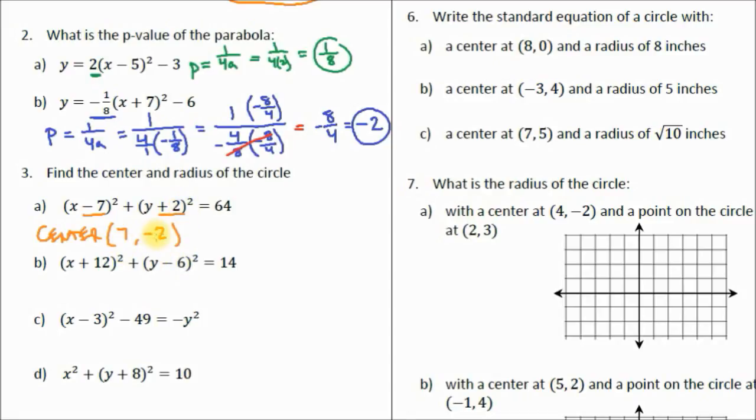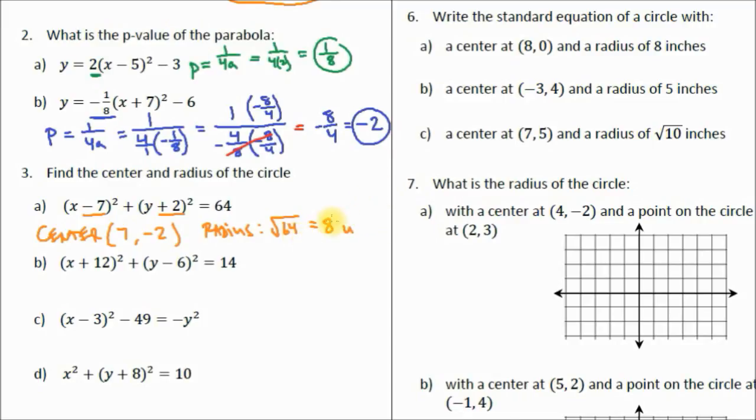So it's 7, -2. And then our radius is found by taking the value here, this constant, that's r squared. That means our radius is going to be the square root of 64, which happens to be 8, and we can put the units on the end there.